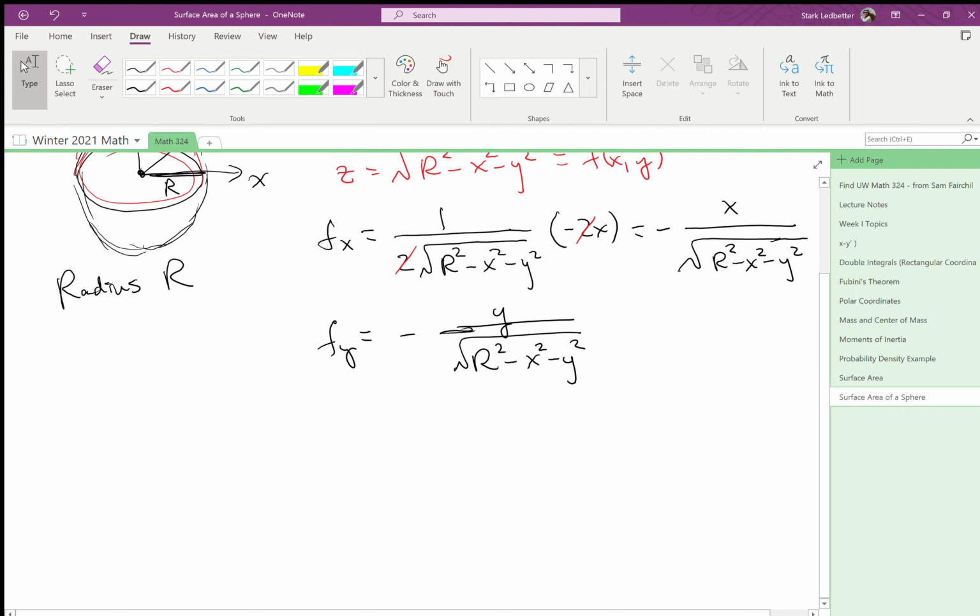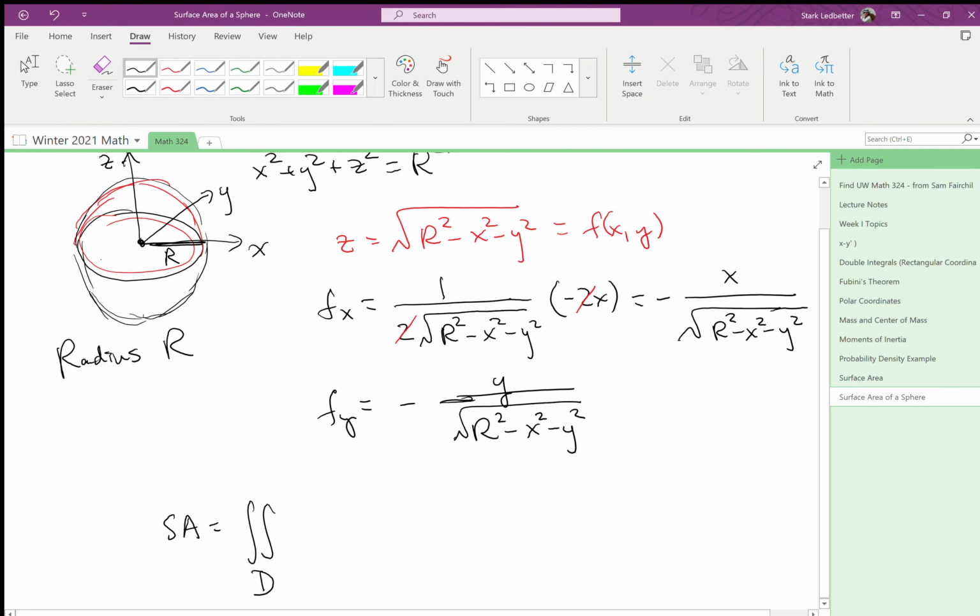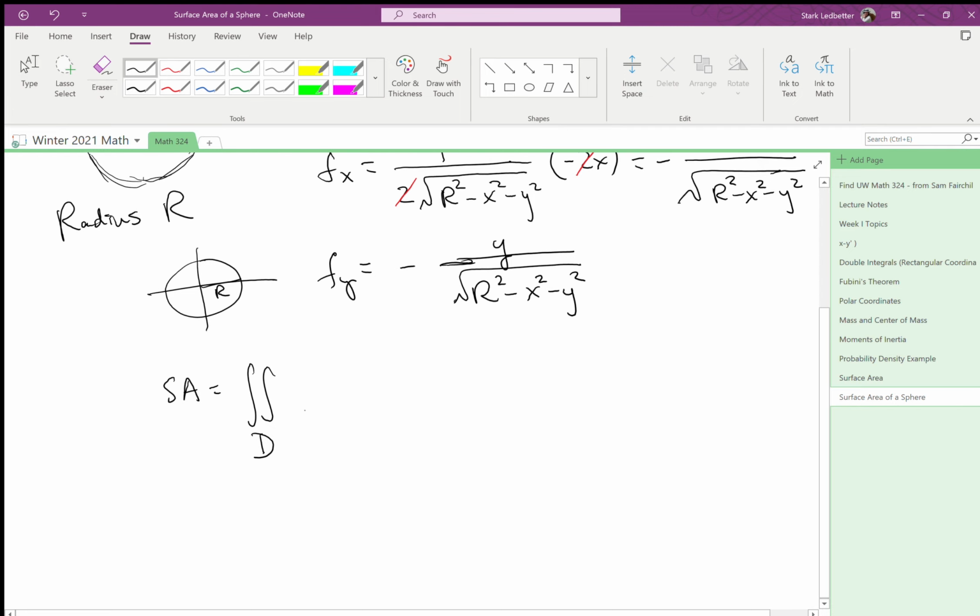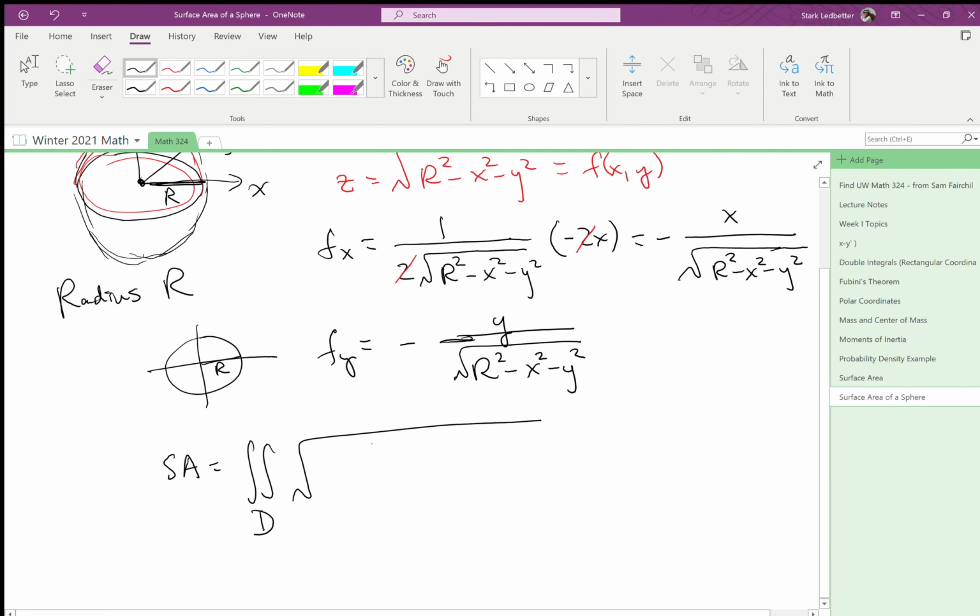Okay, so then my surface area of half my sphere, I'm going to integrate over, we'll call it D this time. D, by the way, is just going to be, if you look in the xy plane, the circle of radius r. Okay, and then we'll have the root of fx squared, so the negative won't matter, x squared over r squared minus x squared minus y squared, plus fy squared, negative won't matter again, y squared over r squared minus x squared minus y squared, plus 1.